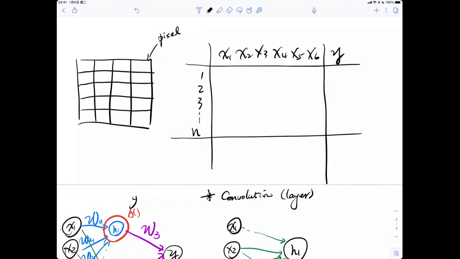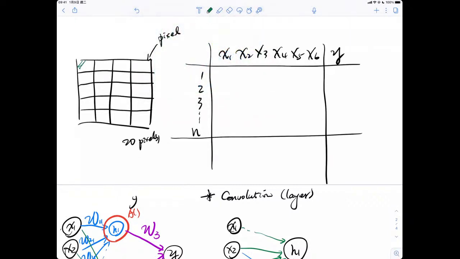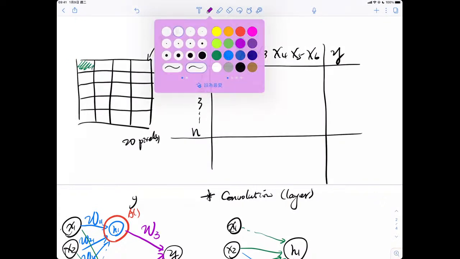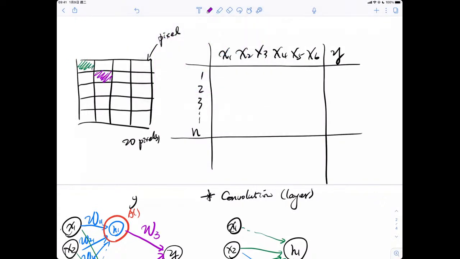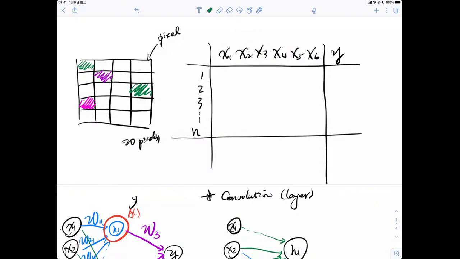So we have 20 pixels in this image, and each pixel of course has different colors, different patterns, for example like this.